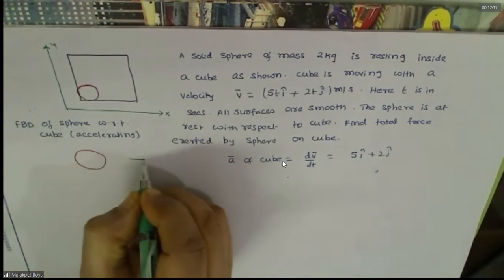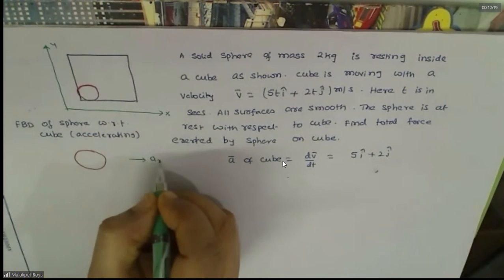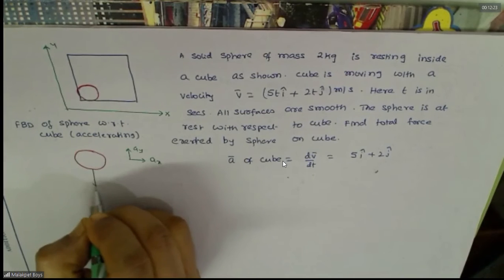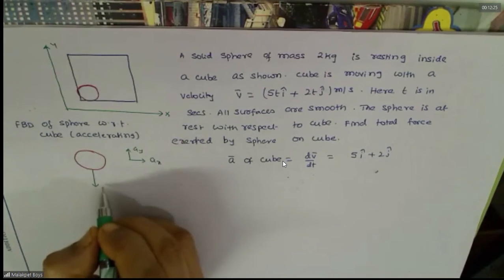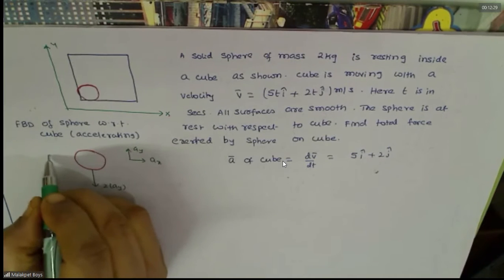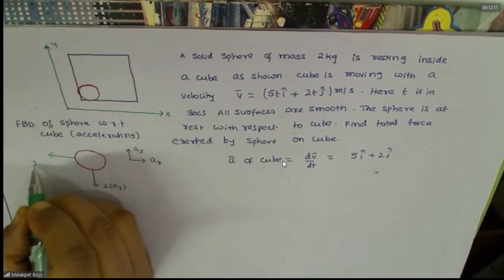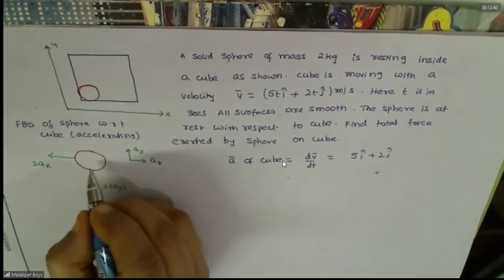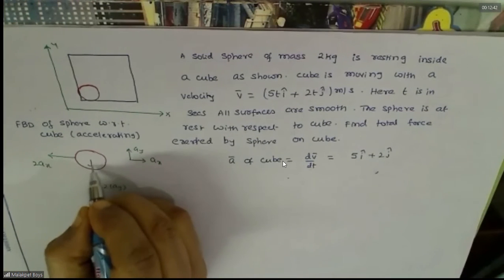This is the acceleration of the cube. Pseudo force. This is Ay. Therefore, there is a pseudo force here, mass of the cube into Ay in opposite direction. Similarly, there is another force like this, mass into Ax. Do you agree with this? Yes, agreed, sir.